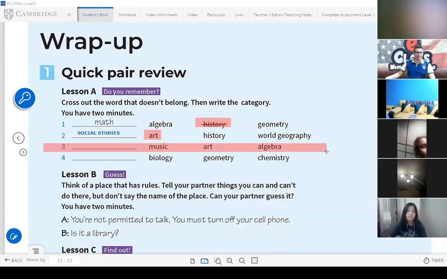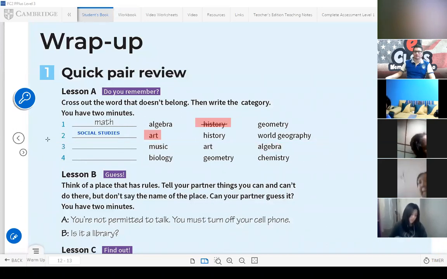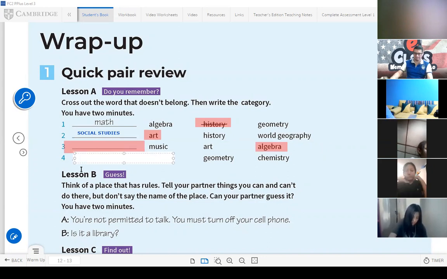Now, what about this? I'm gonna ask here, Torres, tell me. We have here music, art, algebra. What doesn't belong? Hmm? Algebra. Oh, very good. Algebra doesn't belong. And what do you have, or you can add on this part? What do you think?